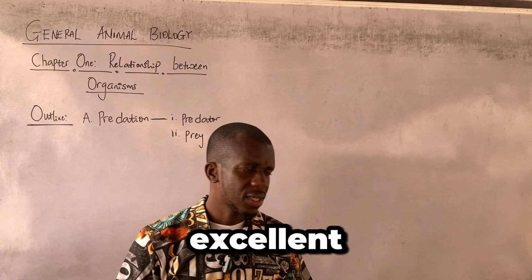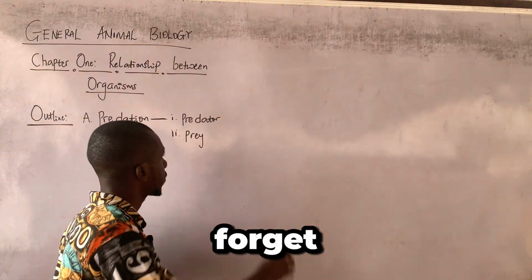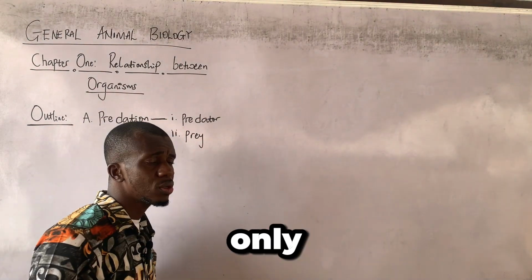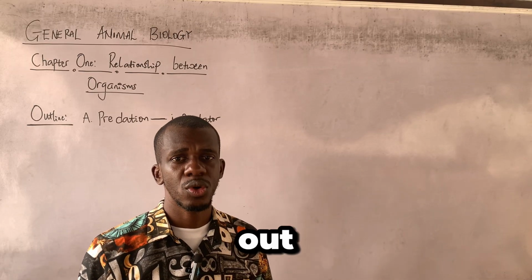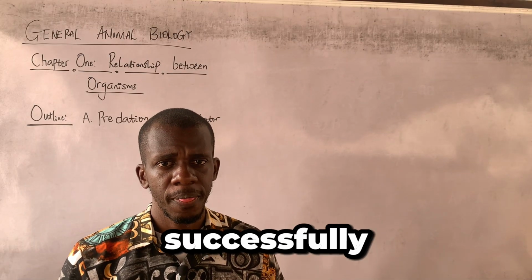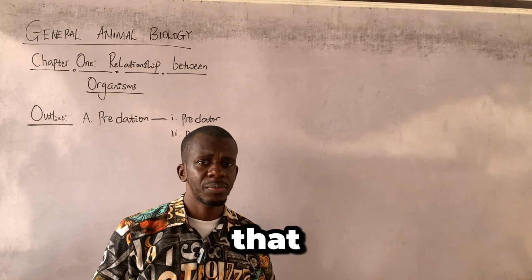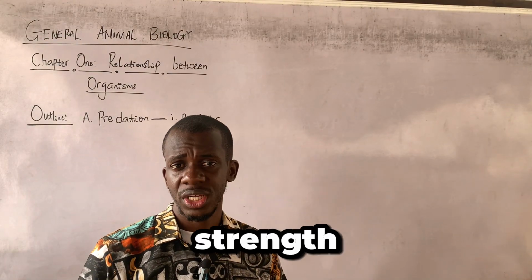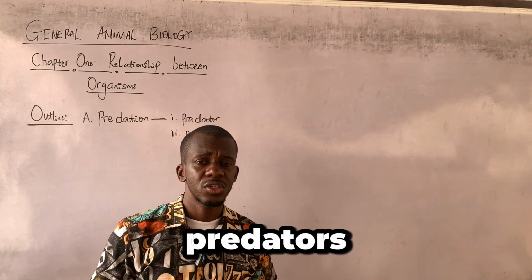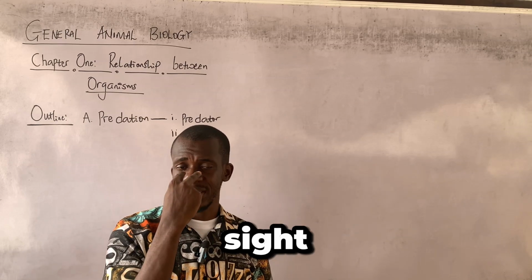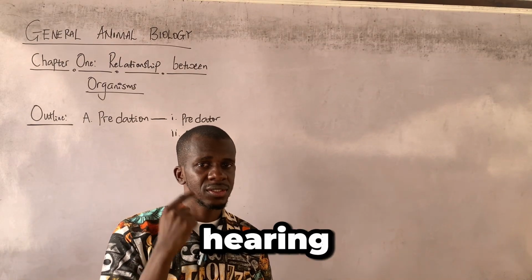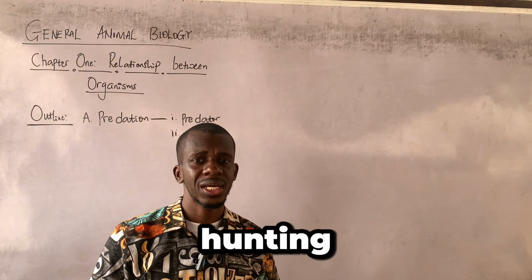Okay, excellent. Now, don't forget that predators are not the only ones who possess adaptations that help them carry out hunting successfully. Okay, remember we said that predators have speed, they have strength, these are adaptations. Predators equally possess what we call acute senses: sight, smell, hearing. It aids their hunting activity.